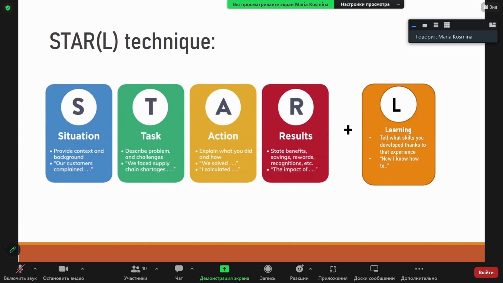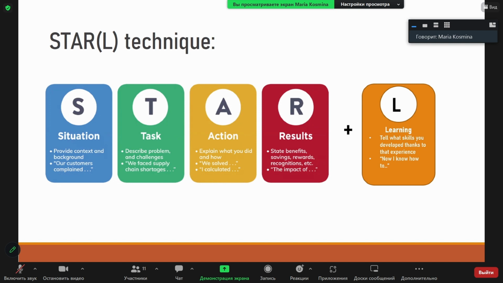First, you give a context: you describe the situation in which you were. Then you state what your task was and what responsibilities you had to take. Then the actions that you had to perform in order to solve this situation, and the result that you got and the whole company got.